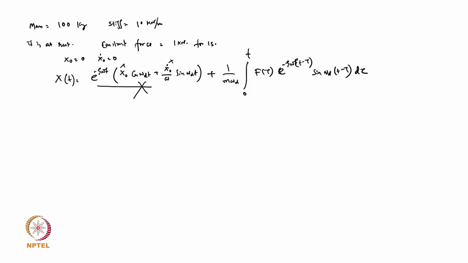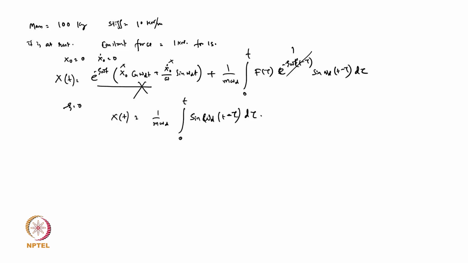Now you can see that xi is equal to 0, so this part has become 1. So you are left with x of t equal to 1 by m omega d integral 0 to t. F tau is a constant value, so maybe I just put it as 1 kilonewton. So you are just left with sine omega d (t minus tau) d tau. That is simple. You can do the integration very quickly and get the solution.